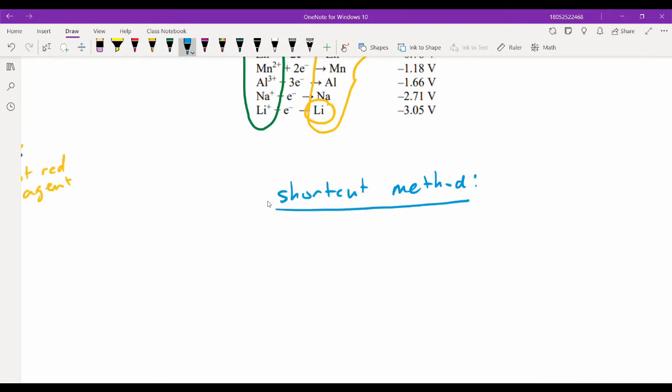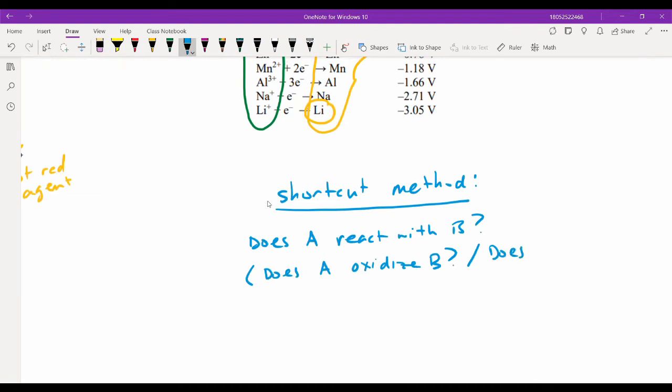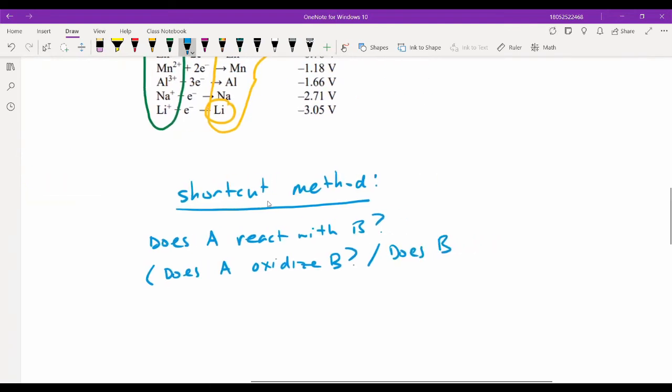So when you're doing a question like, does A react with B? It's the same question as, does A oxidize B? Or does B reduce A?